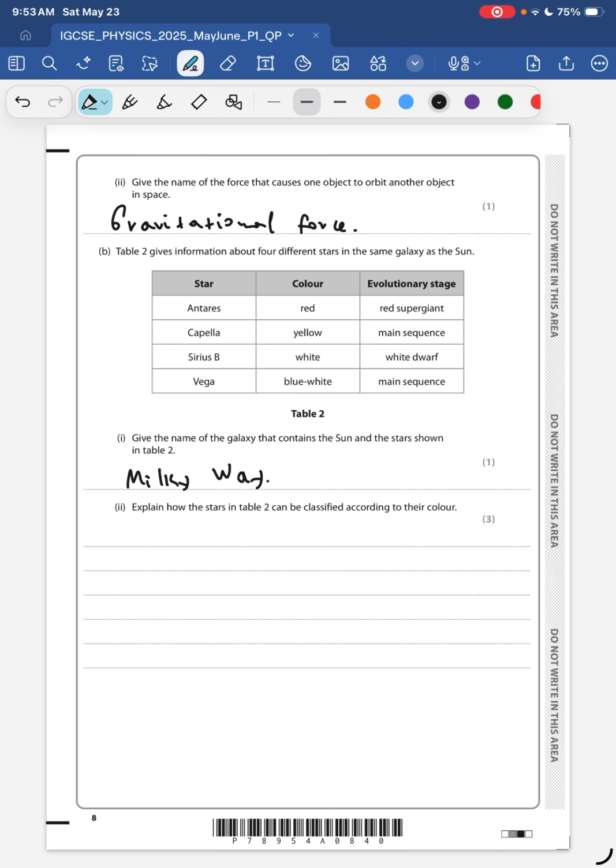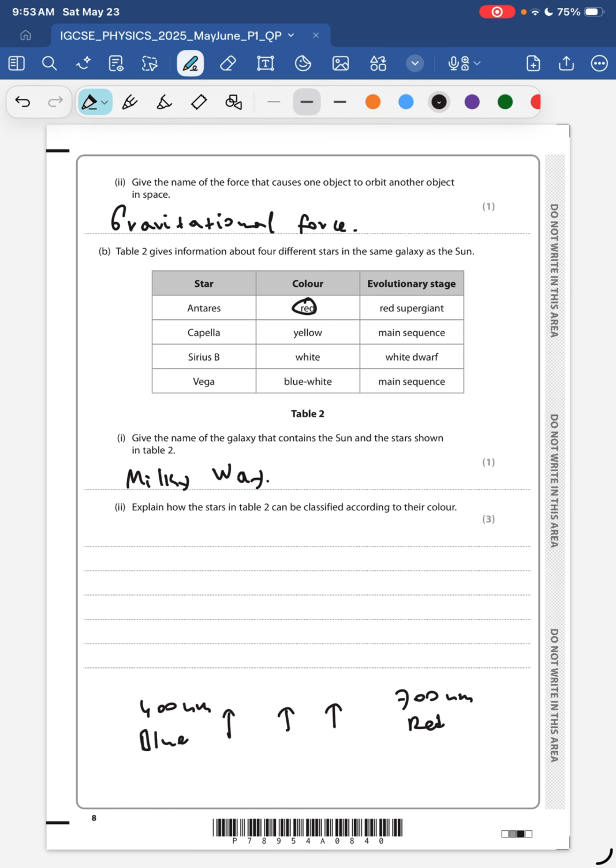So the coolest will be the red star, because you have to remember that blue is at about 400 nanometers, and 700 nanometers is red. And then in between you get yellow and white. So blue-white will be somewhere there, for example. White will be somewhere there, and then yellow will be towards the red.